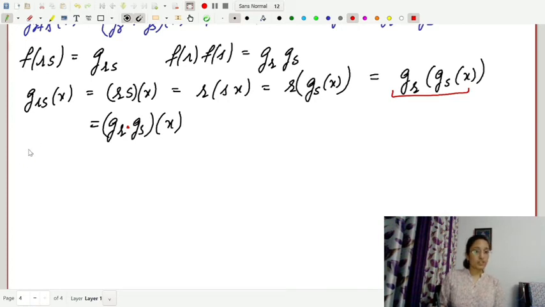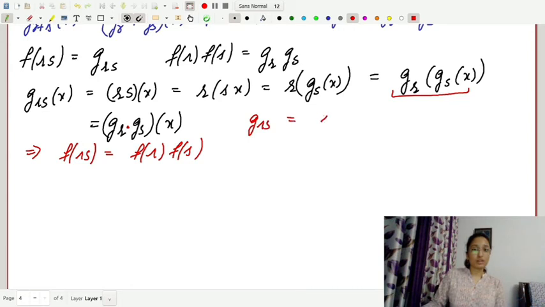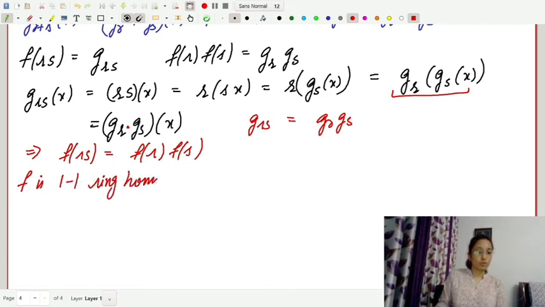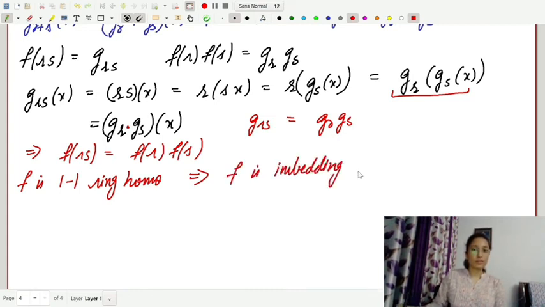Now it shows that F(rs) is equal to F(r)F(s), as these two maps are equal. Hence we have shown that F is a ring homomorphism, which in turn implies F is an embedding map, and therefore any ring with unity can be embedded into the ring of endomorphisms.